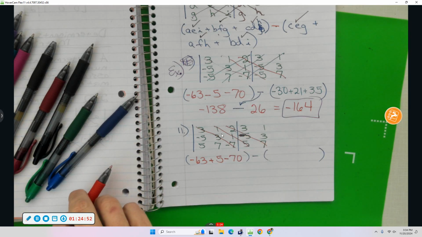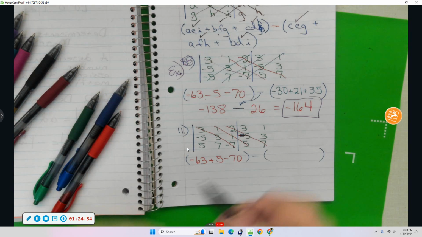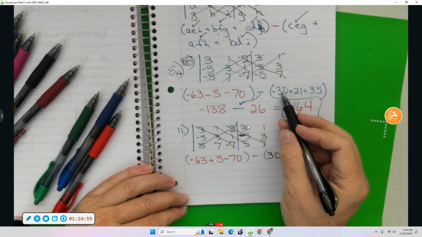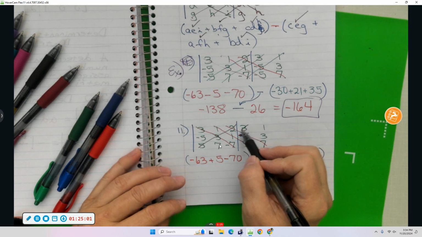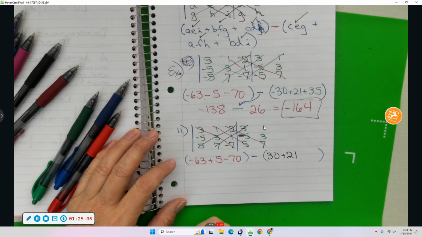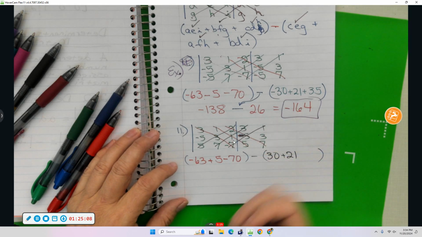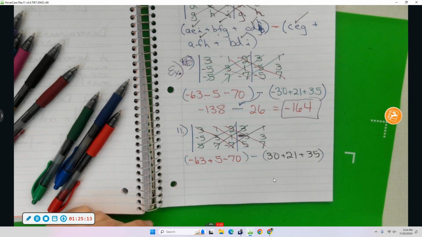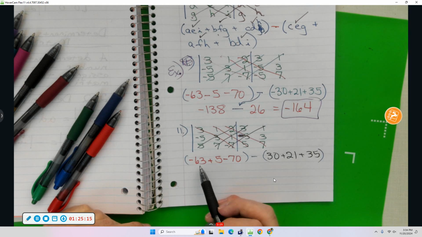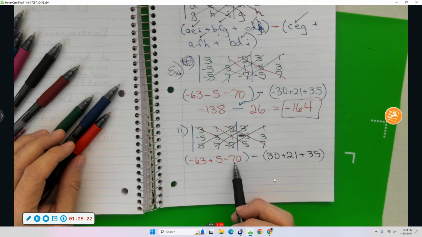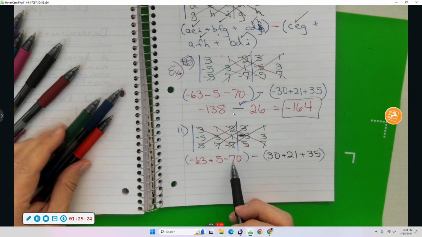One little sign mistake will throw off everything. 1 times negative 5 times negative 7 gives me a positive 35. Negative 63 plus 5 is negative 58, minus 70, negative 128.